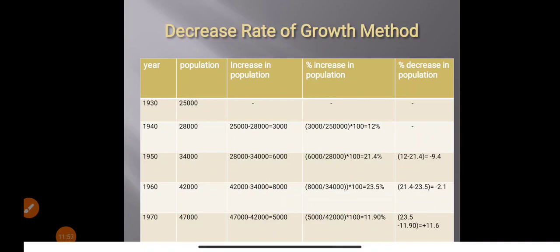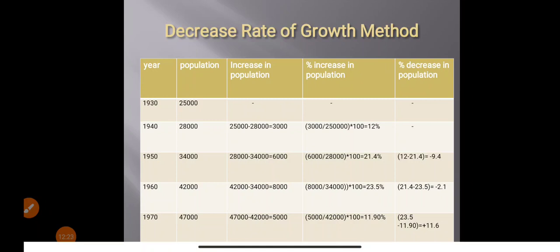So we have to estimate the population in the year 2000. For that, the formula is P2000 equal to P naught plus, within a bracket, I naught minus dr divided by 100, multiplied with the P naught.